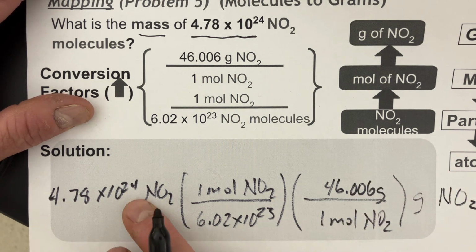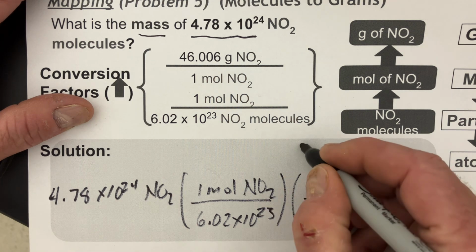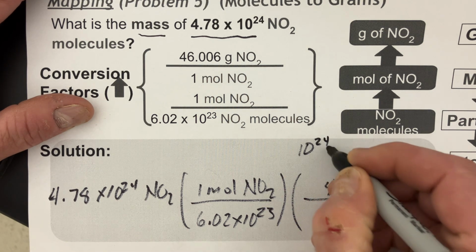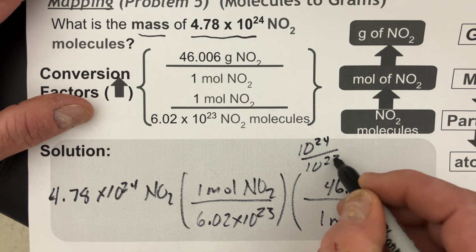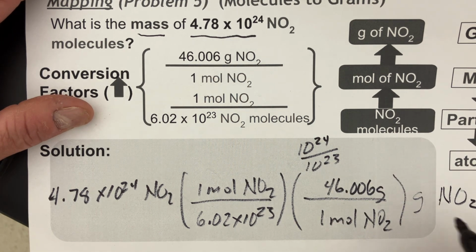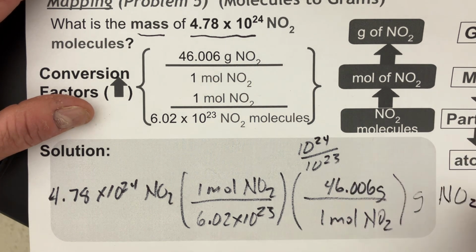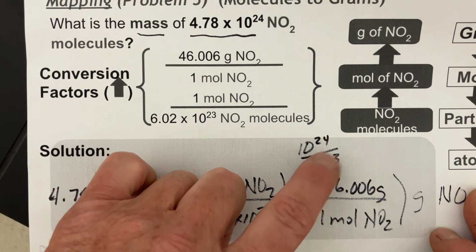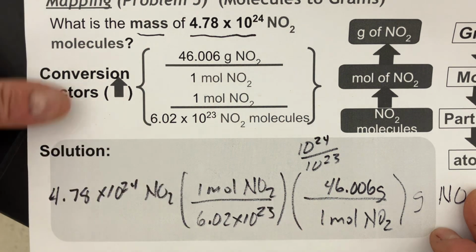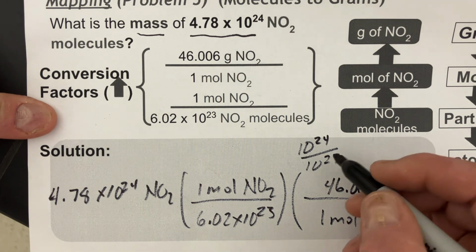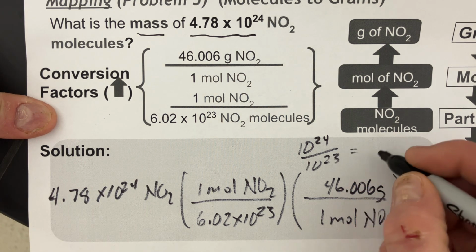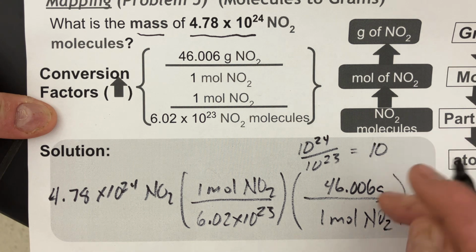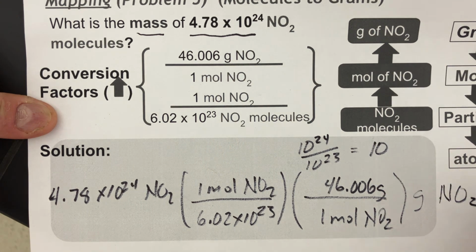Just in general, what you can do is set the 10 to the 24th aside and set the 10 to the 23rd aside, all the way to the end of the calculation. We know that we can subtract. If it's dividing, we can subtract. If it had been multiplying, we add, but we're dividing, so this is really just 10, or 1 times 10 to the 1.